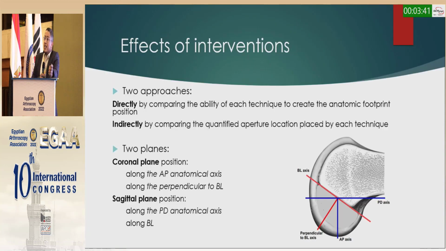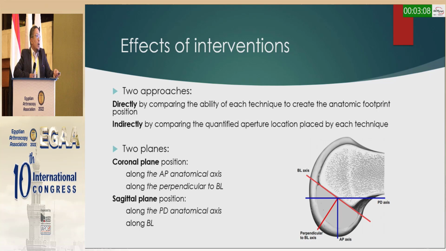So, when we synthesized the effects of the intervention, this is the core of the review. We could compare it in two approaches: either a direct approach, to compare the ability of each technique to position the footprint in its position, or indirectly, by comparing the quantified femoral aperture location placed by each technique. We defined these positions in two planes, either the coronal plane or the sagittal plane.